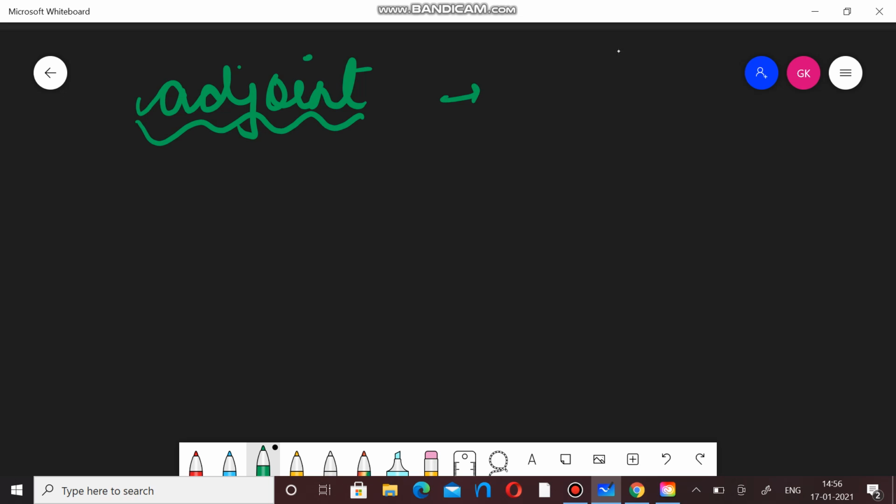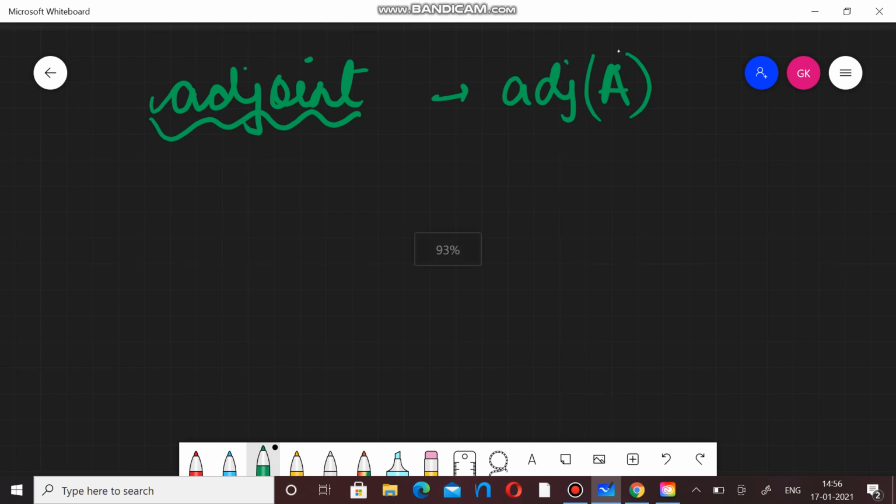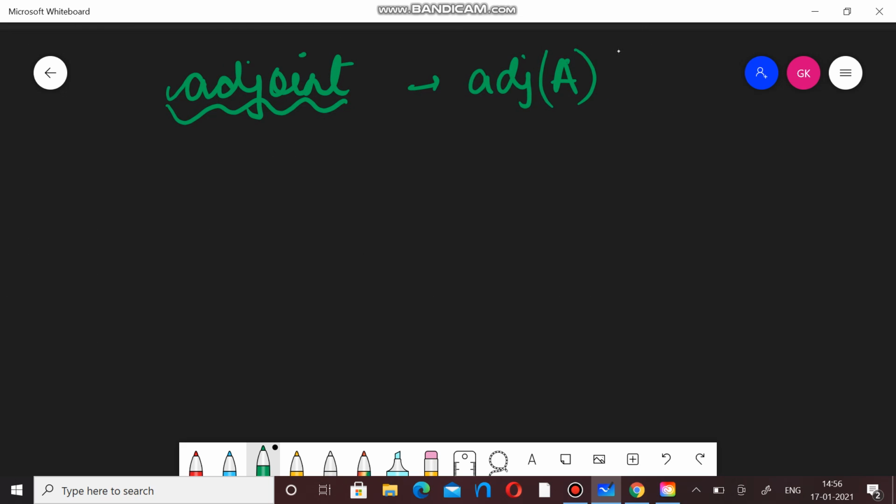Adjoint, which you write as adjoint of a matrix A. A matrix is given to you. Let's take an example. Let me write down any random matrix. 1, minus 1, 2. I'm taking a 3 by 3 matrix. 2, 3, 5, minus 2, 0, 1.